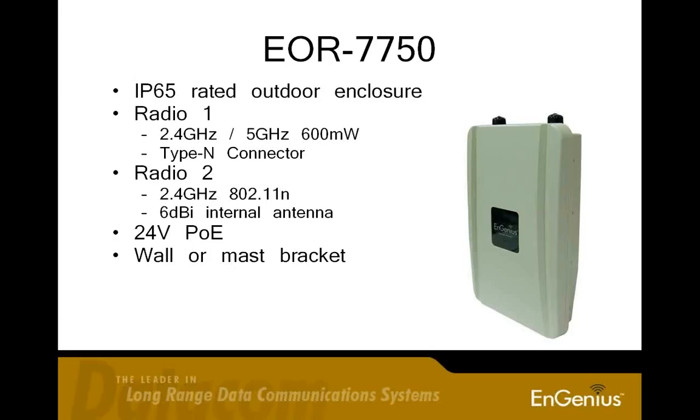Radio 2 is an 802.11n radio that works on 2.4 gigahertz frequency and uses an internal 6 dBi antenna. Just like the other outdoor access points, this device comes with a 24 volt power over Ethernet module and can be wall or mast mounted.